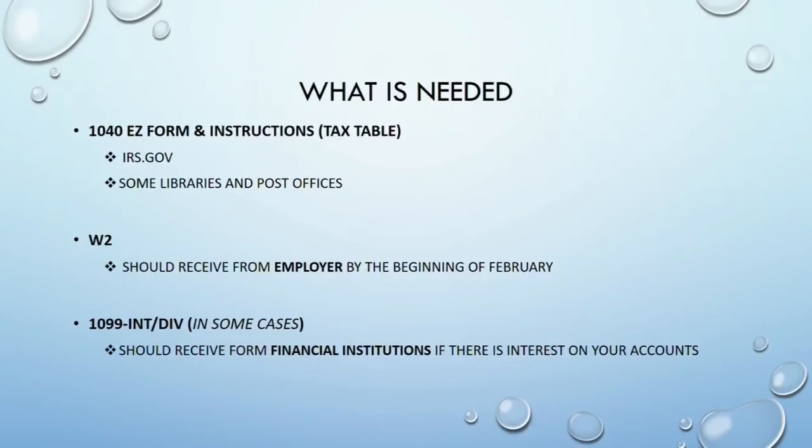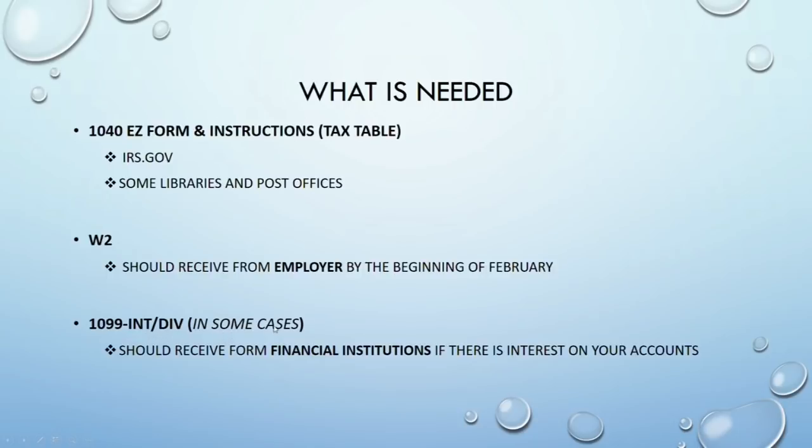As far as the documents that you will need, you'll need the 1040 Easy form and the instruction book, which has the tax table in it. You can get this at the website irs.gov. The other document you will need is the W-2 form, and this will come from your employer.